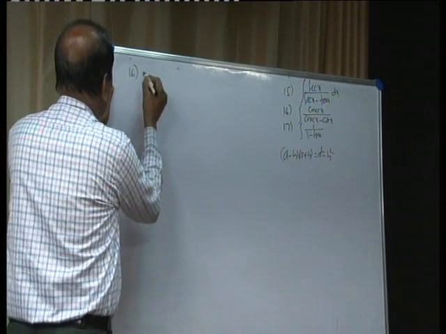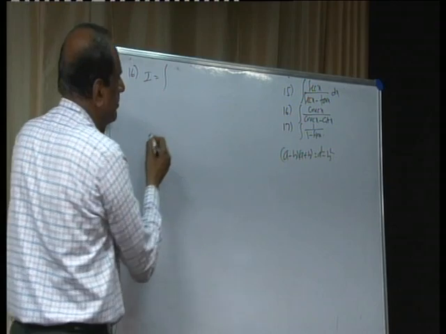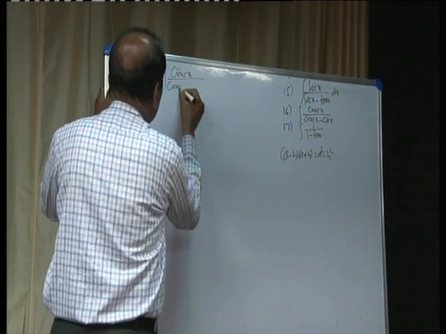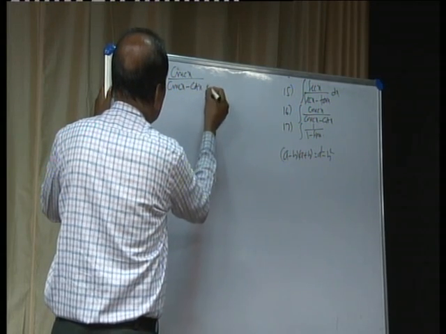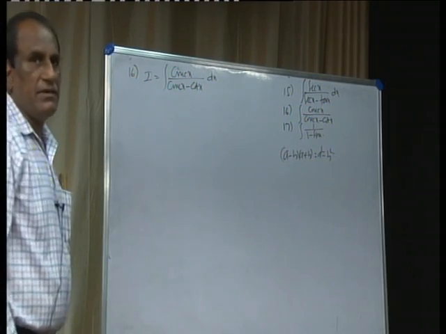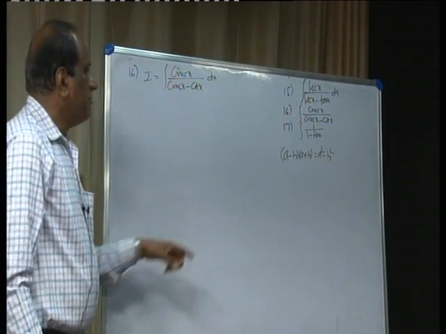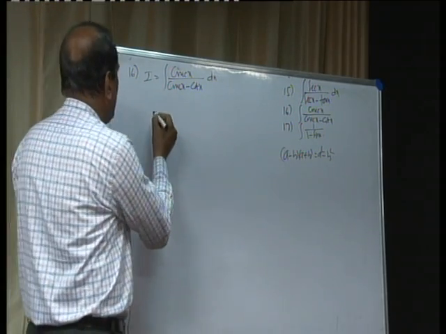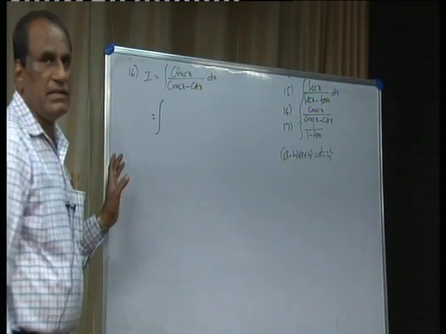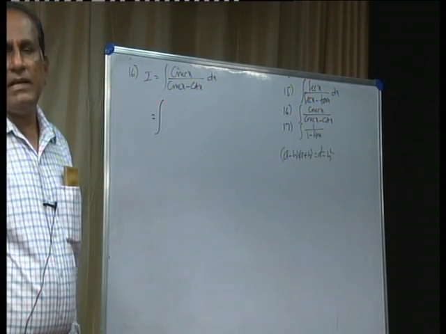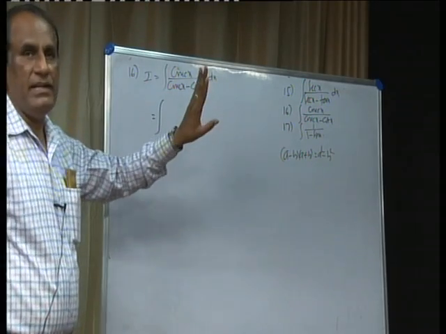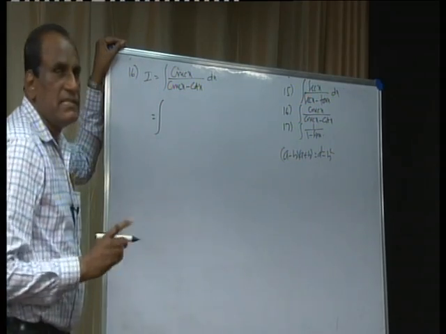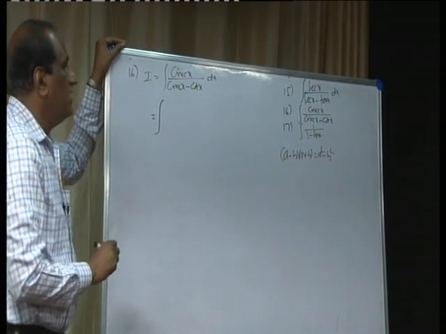See here, 16th problem, I is equal to the integration of cosecant x by (cosecant x minus cot x) dx. So, this is the given integrand. Now, simplify by rationalizing the denominator. How? Multiply numerator and denominator by the conjugate of the denominator. What is the conjugate? Cosecant x plus cot x is the conjugate of cosecant x minus cot x.